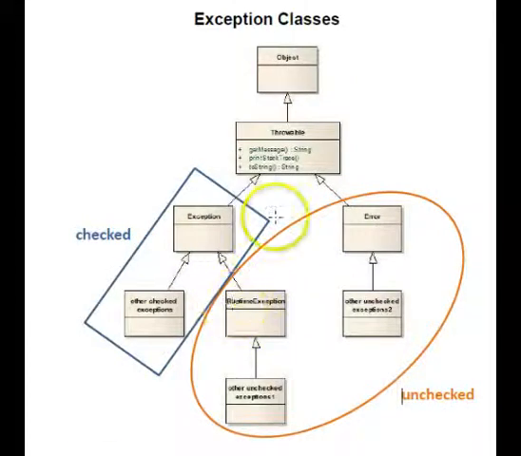This class diagram illustrates the main exception hierarchy in the Java class library. Of course, at the very top we have Object. Next is a class called Throwable. It has three public functions of interest regarding exceptions. getMessage returns a string that describes the exception.